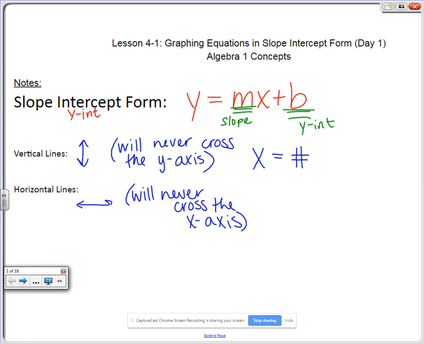If it never crosses the x-axis, it can't have an x in it. So then it must just be y equals some number. And we're going to practice doing all of this today. Again, you'll notice that slope-intercept form is the biggest thing. That's the biggest thing we're going to talk about today. Everybody A-okay here? Can I go ahead and move on? Okay.